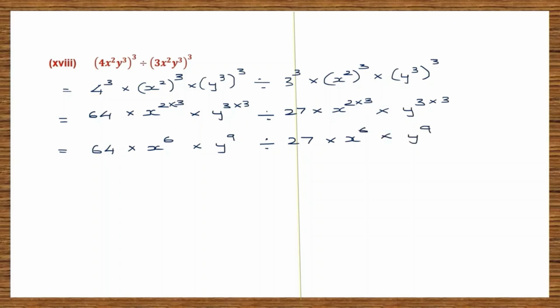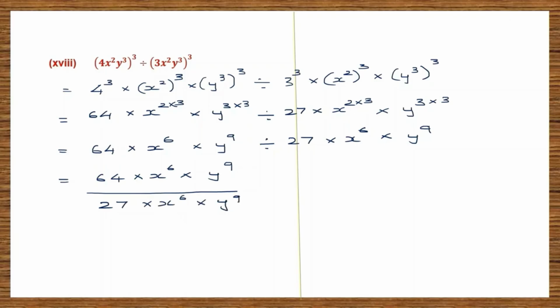So here now we have got this, and let's do the division now because it says division, isn't it? So 64 into x to the power of 6 into y to the power of 9, divided by 27 into x to the power of 6 into y to the power of 9.